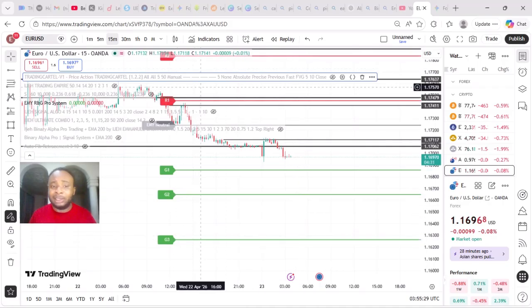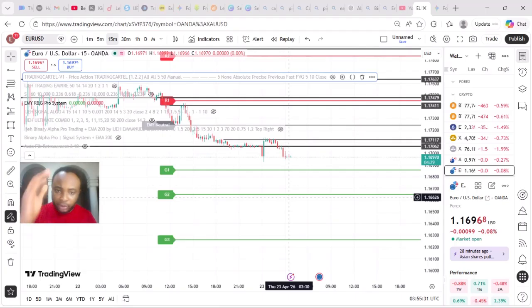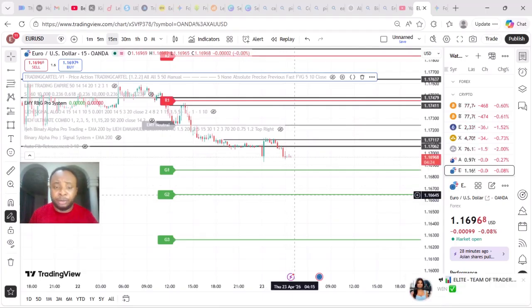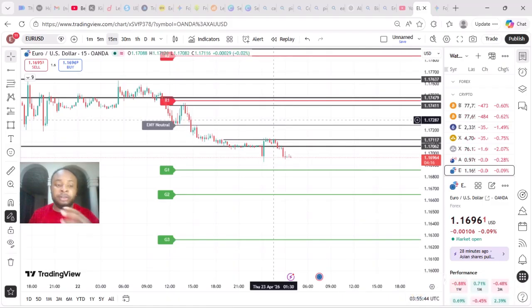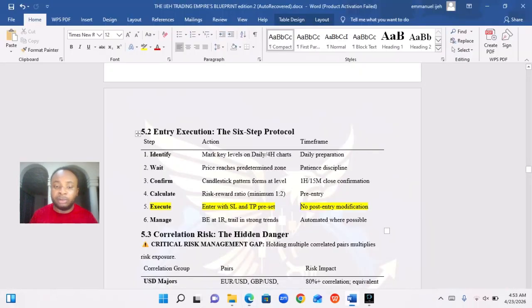So you have started selling already. So you wait for buy, need support here or here. Take profit, stop loss, pips calculation, and the rest must be adhered to. So that is just what this is talking about.